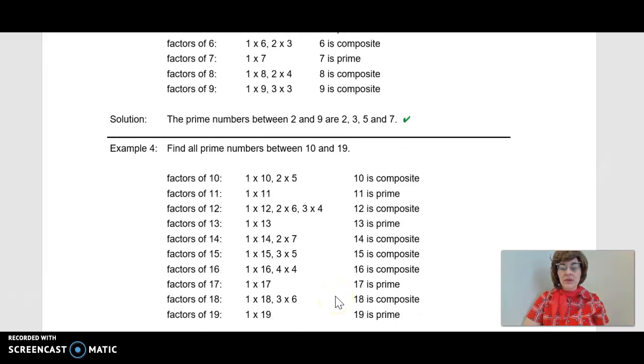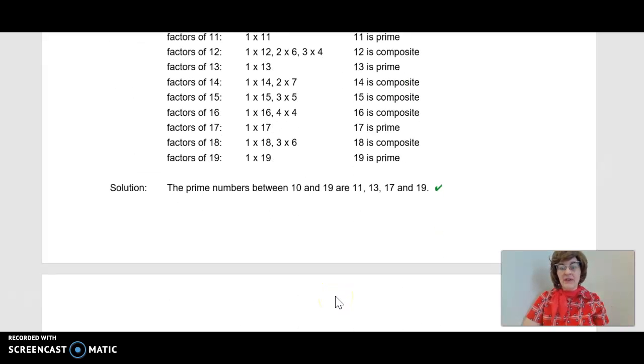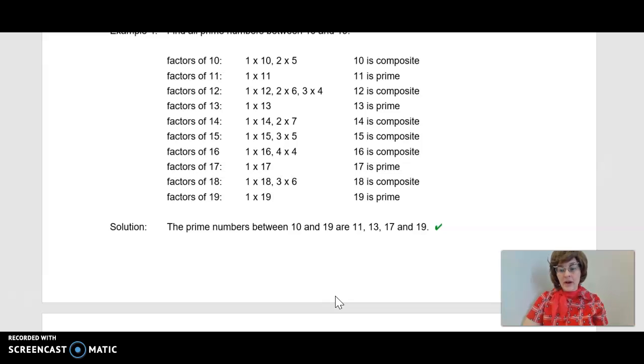Now you can continue this, and for the purposes of this video, I'm not going to walk through every one of them, but you will start seeing that once you get past the number 10, there are a lot fewer prime numbers because you're going to start getting into multiples of each of those. Multiples of the number 2, multiples of the number 3, multiples of the number 5, of 7.